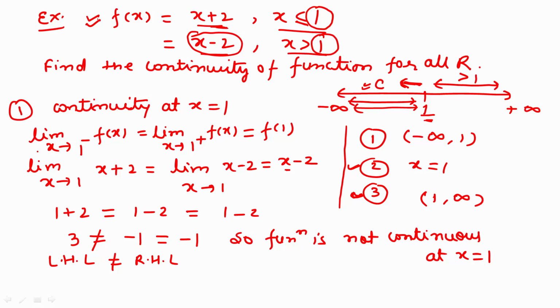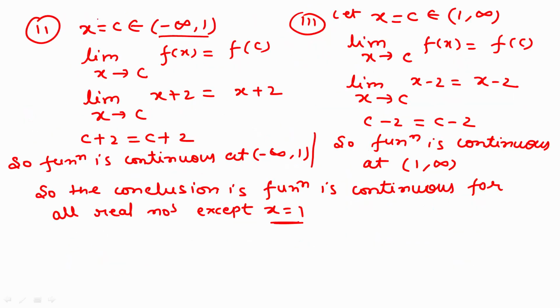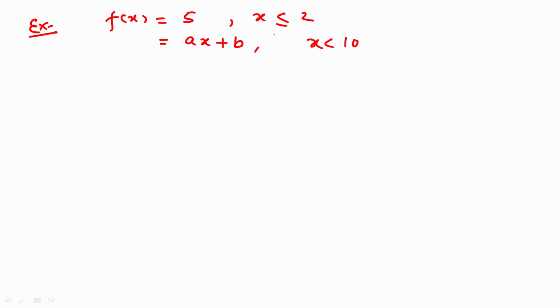Let's see another example. The example is f(x) is equal to 5 when x is less than or equal to 2. It will be ax plus b when x lies between 2 and 10.